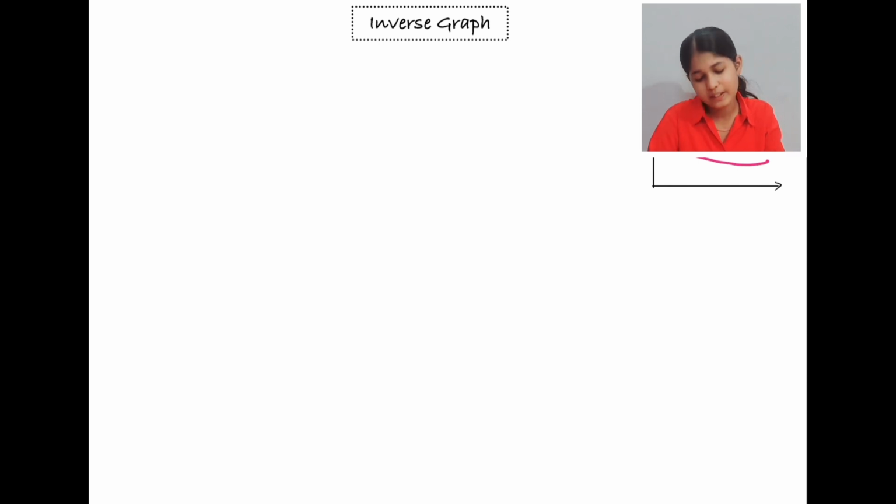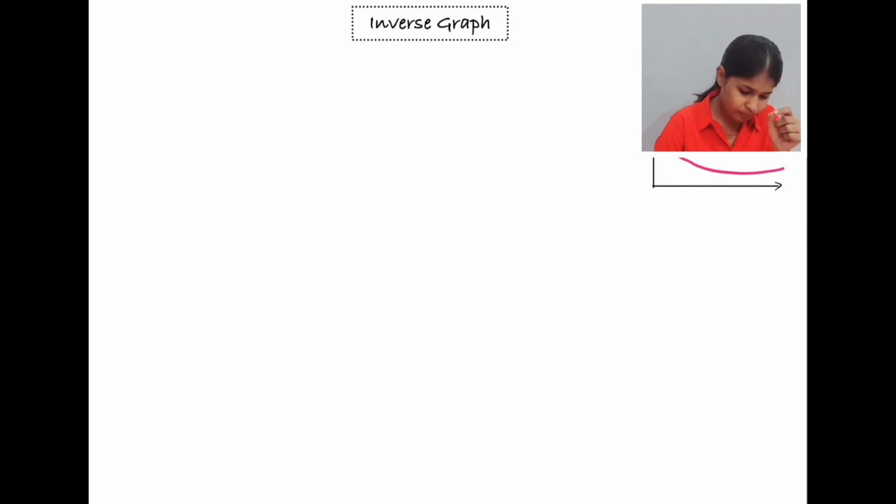So this is our inverse graph. It can be of different types like this. This is an inverse graph. Now, how will you know that you have to form an inverse graph?